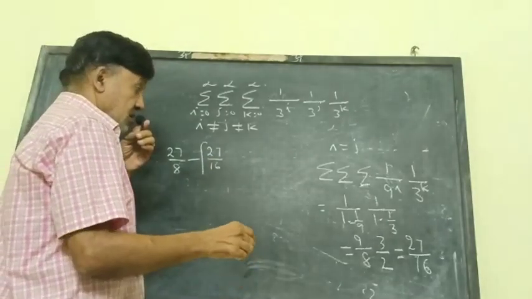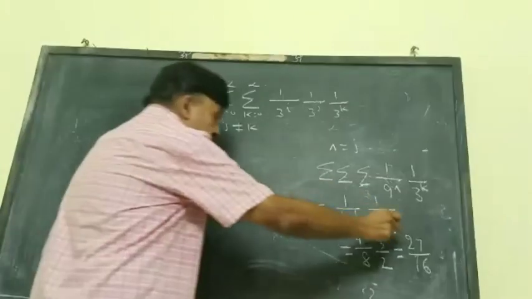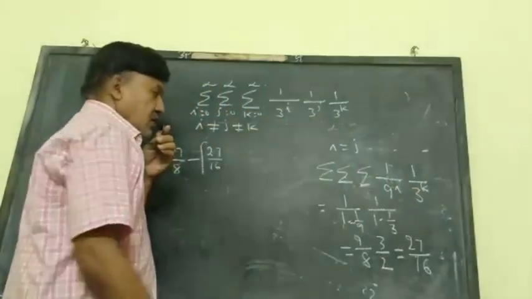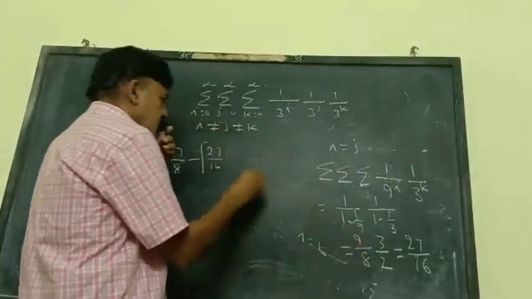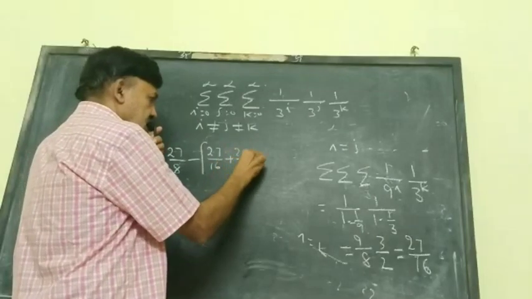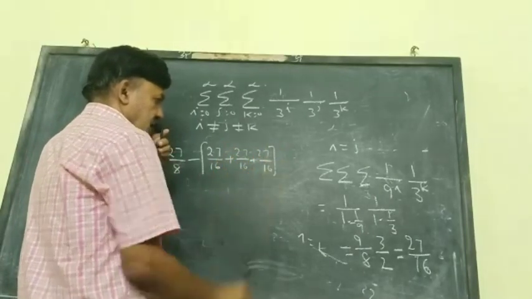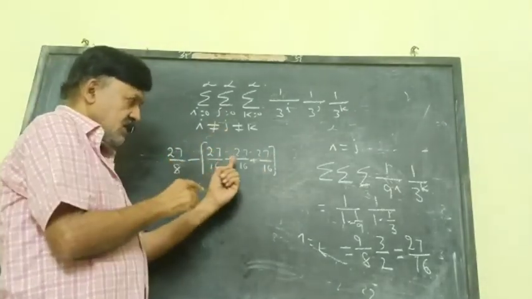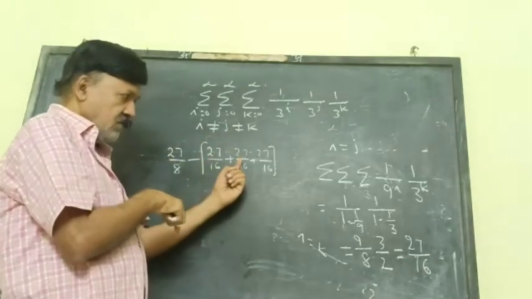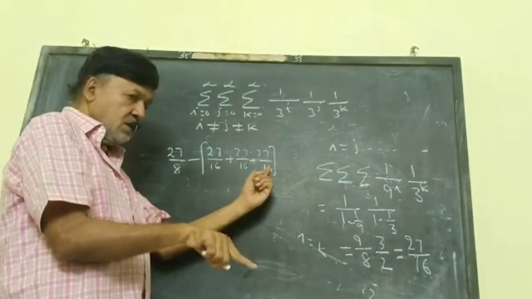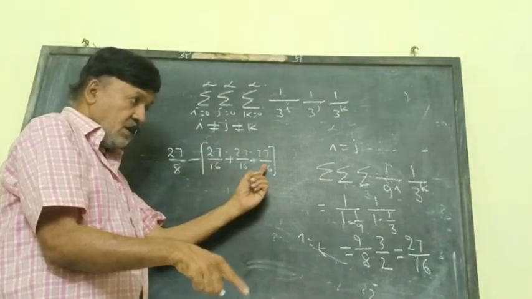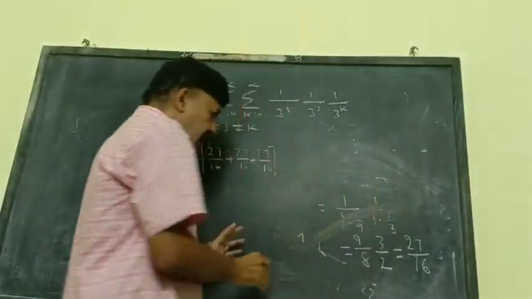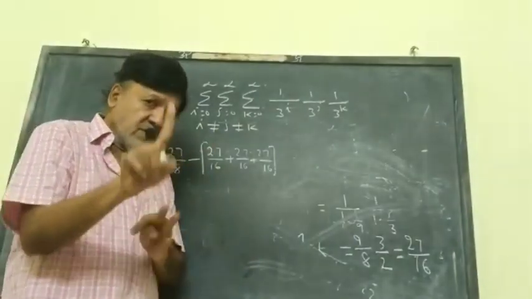Listen. Here i is equal to j, and in this i equal to j equal to k also will come. Next the i equal to k case is the same thing, minus 27 by 16, and the j equal to k case, minus 27 by 16. In each of these, i equal to j equal to k is involved. Now you are expected to subtract i equal to j equal to k only once.